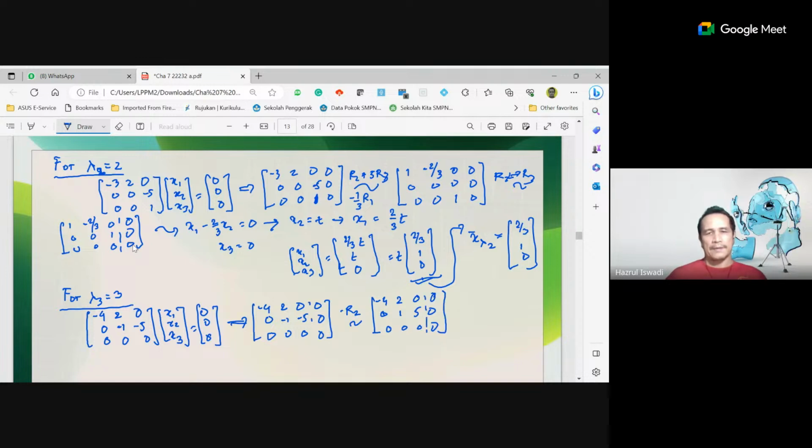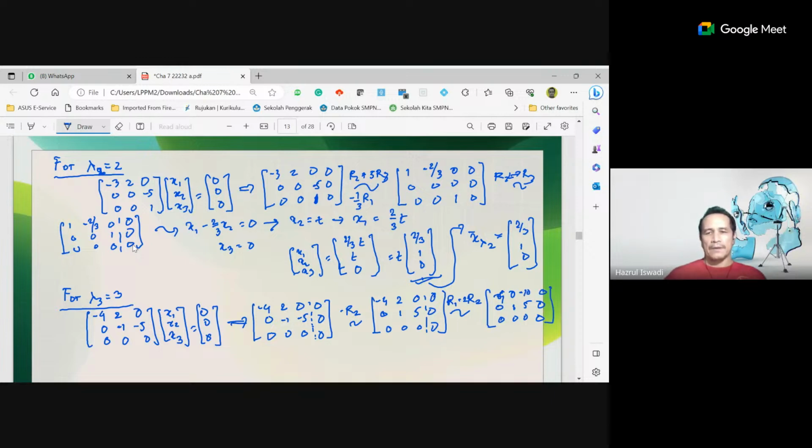And then we want the value 2 to become 0, so we can do R1 minus 2 R2. So we have 0, 0, 0, 0; 0, 1, 5, 0; and -4, 0, -10... and 0.